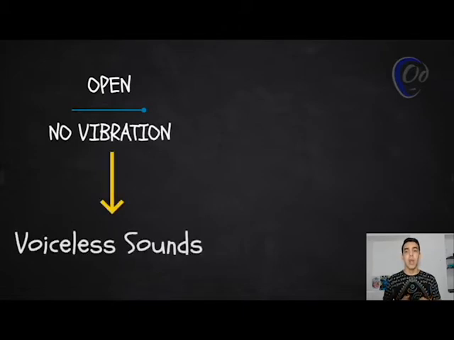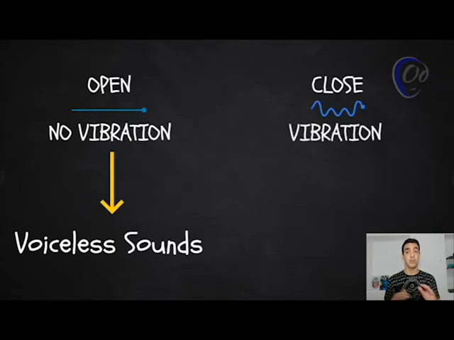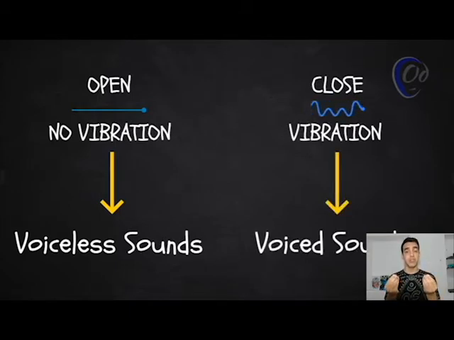When they are open, they don't vibrate, so they produce voiceless sounds. What are voiceless sounds? The sounds that do not vibrate. And when they are closed, they produce this vibration, and these sounds produced with vibration are called voiced sounds. Closed, they vibrate, so they are voiced.